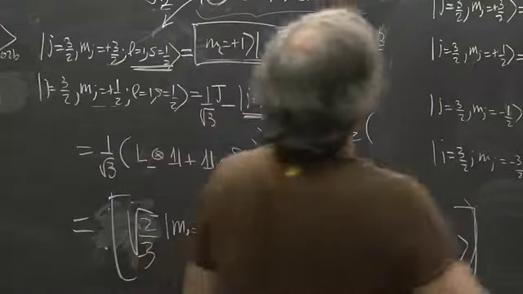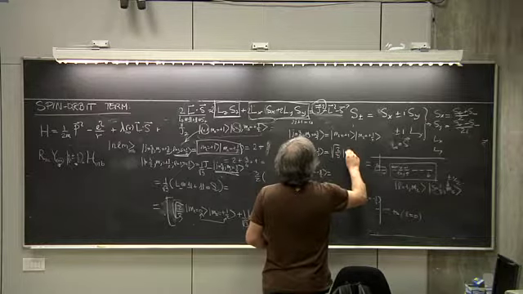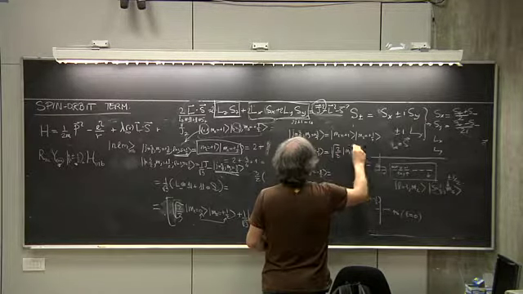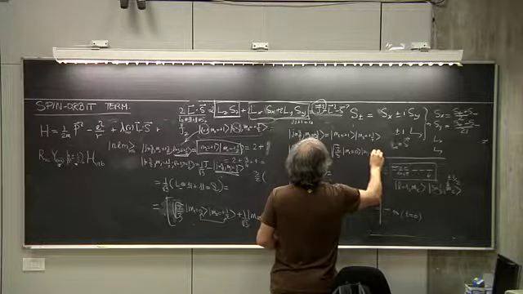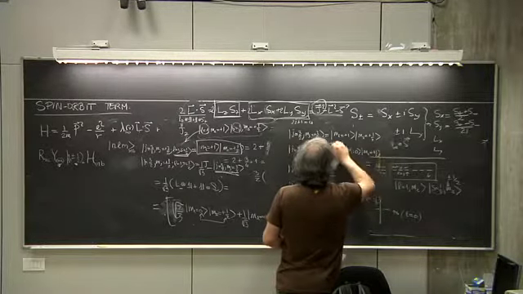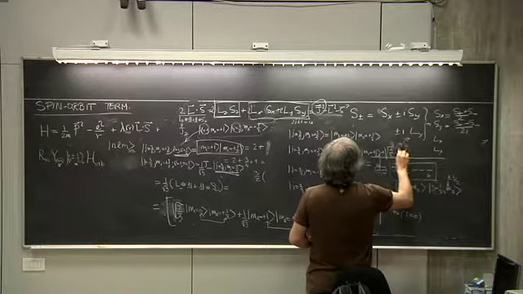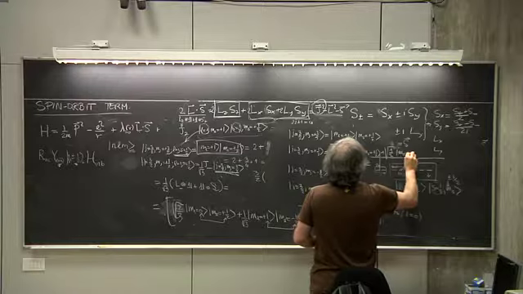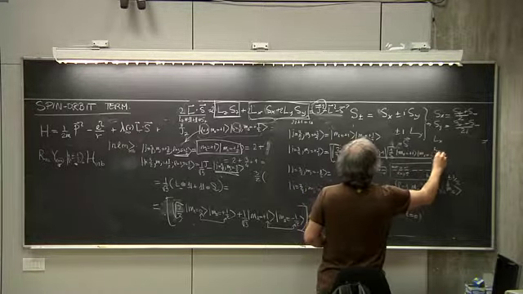Okay? So in other words, here I should write root 2 over 3, ML equal to 0, MS equal to plus 1/2, plus 1 over root 3, ML equal to plus 1, MS equal to minus 1/2.